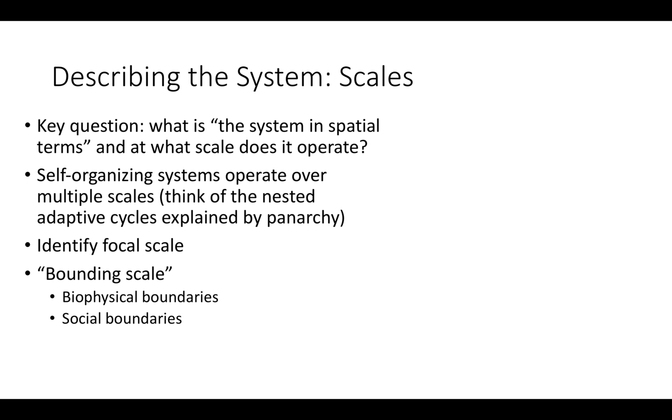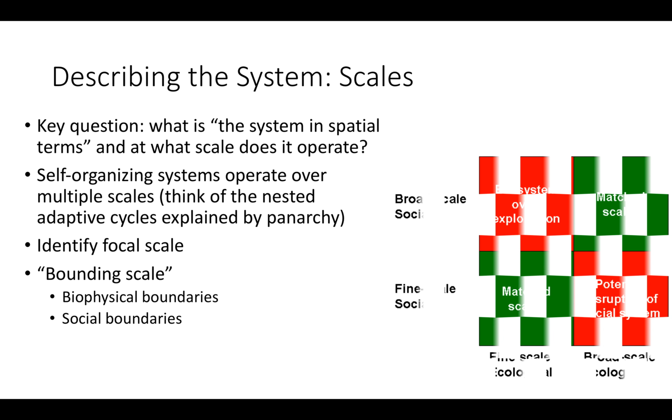So getting everybody on the same page about the focal point, or the focal scale, and then also thinking about what is that scale above and below. Essentially, the purpose of this exercise is to bound the scale. Can we collectively agree about the boundaries, the biophysical boundaries and the social boundaries around this issue?